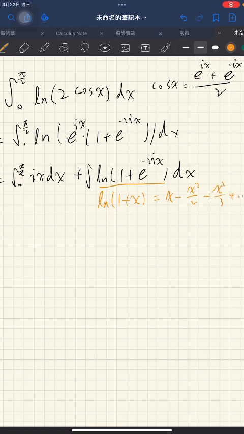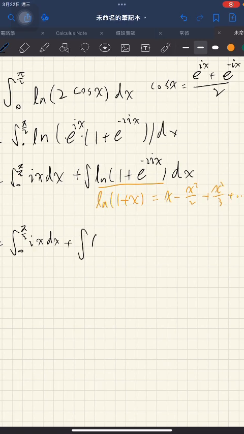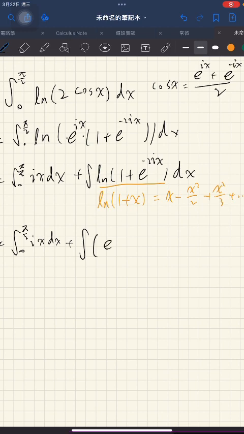So we will get the integral from 0 to pi over 2 of ix dx plus the integral of e to the negative 2ix minus e to the negative 4ix over 2, and so on.